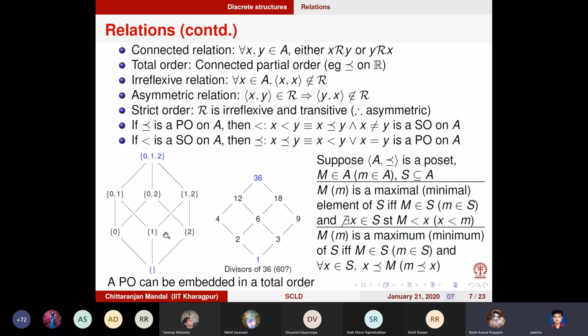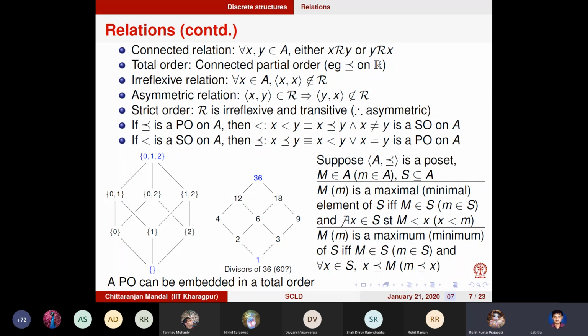Similarly, on the right you have all the divisors of the number 36, and the relation is a partial order if the first one divides the second one. Okay, so these diagrams that you see are called Hasse diagrams.